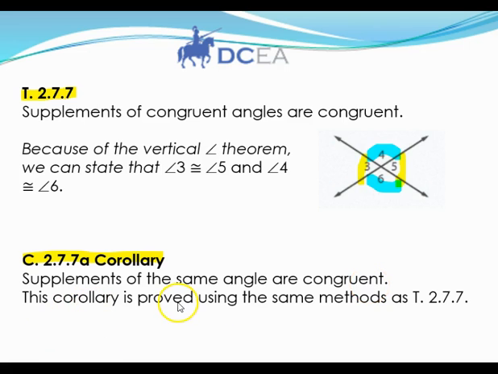This corollary is proved using the same methods as the previous theorem. So we would use the same drawing if I said angle 4 has a supplement of angle 3, and it also had a supplement of angle 5, then 3 and 5 are congruent.